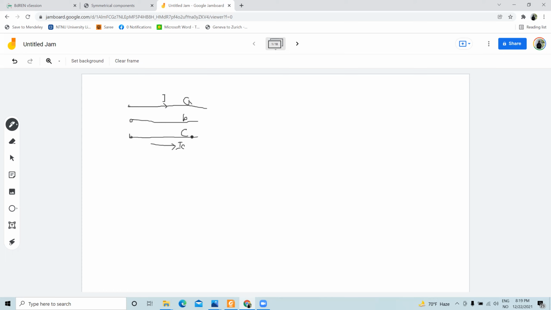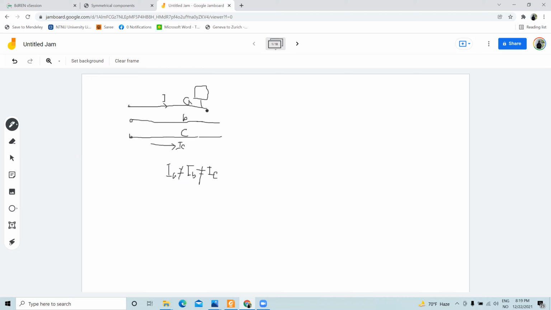If either of these is not the same, for instance, if you have a load connected to phase A which is much higher than phase B or phase C, then IA is not equal to IB and IC, and such a system is not balanced anymore.